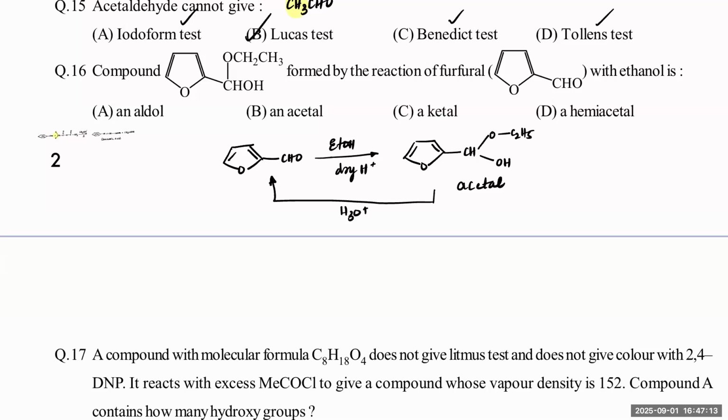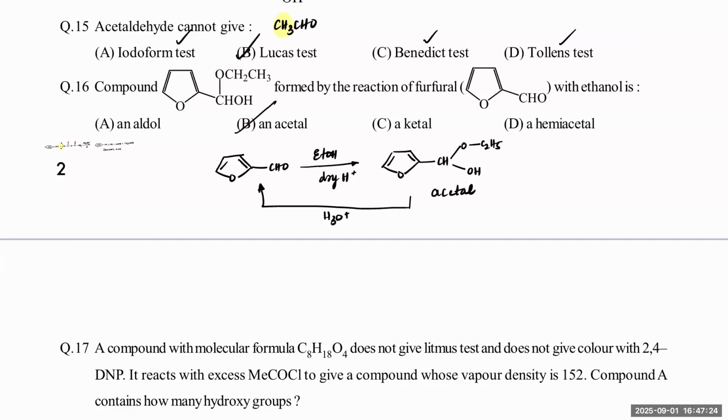So what is it forming here? Acetal. Okay, sorry, hemiacetal. One OH group is there, no? But one OH group is there means it is hemiacetal.